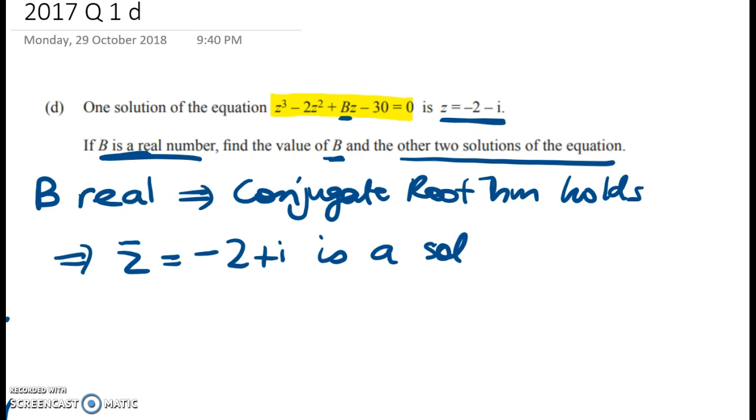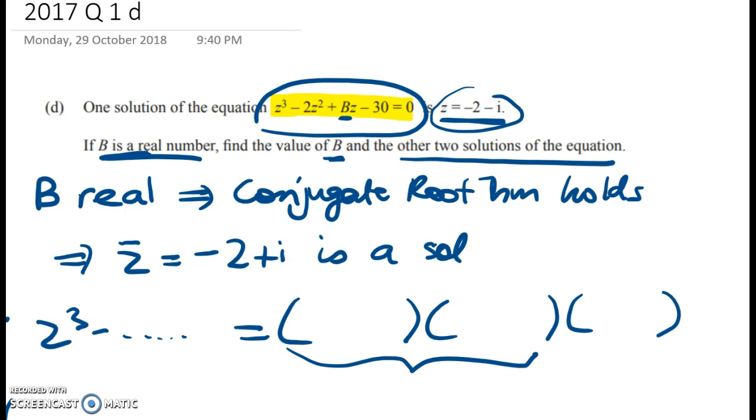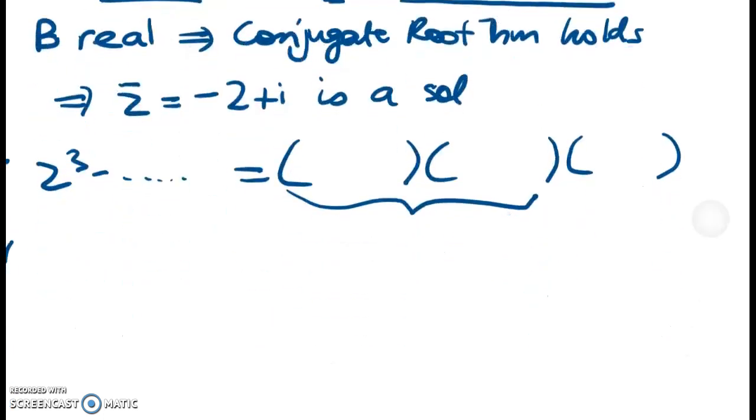So the way we're going to approach this problem is we've got this cubic here. We're going to say Z cubed is equal to this times this times this. Now we've found two of the solutions, so we're going to work with those together first and multiply them out.